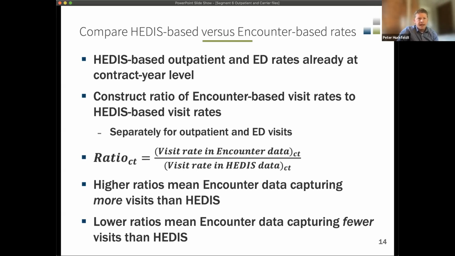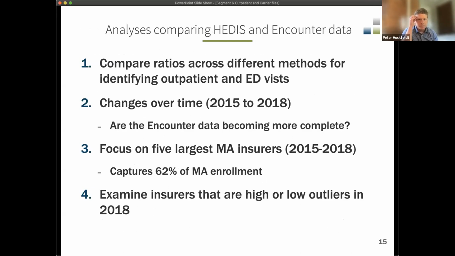Okay, we're going to look at a few different analyses. We'll compare the ratios across these different methods for identifying outpatient and ED visits. We'll look at whether these ratios changed over time, so the question being, are the encounter data becoming more complete since 2015?